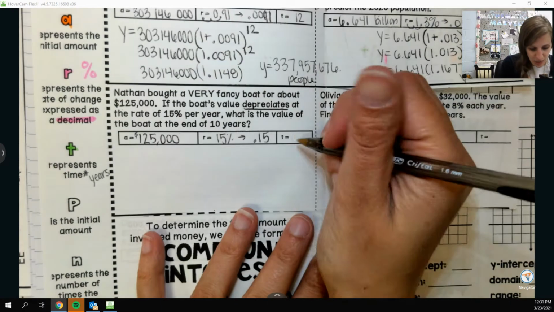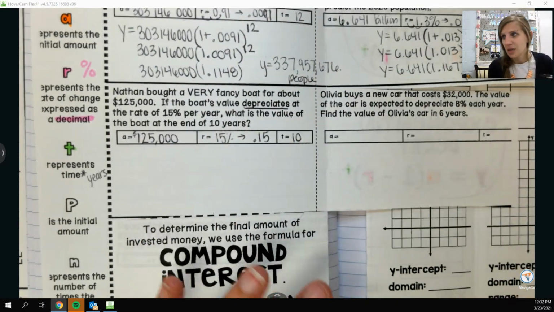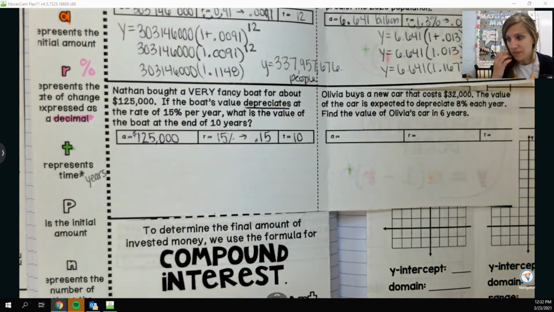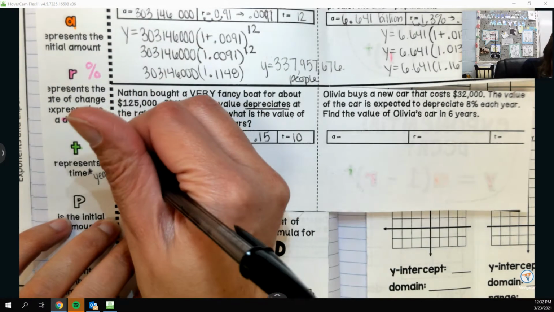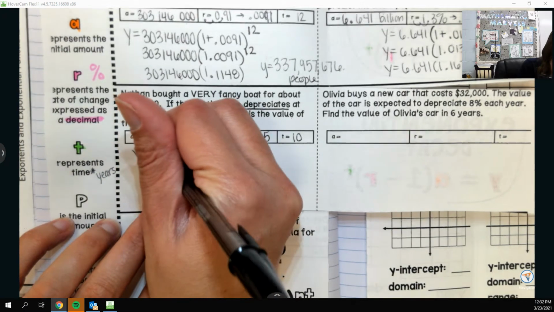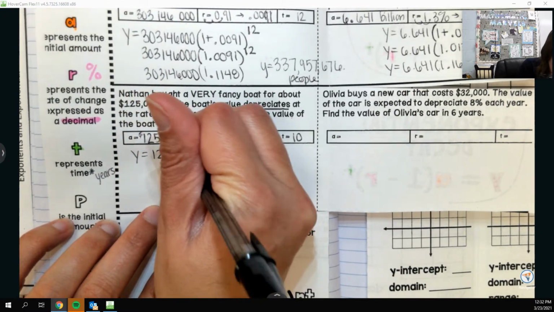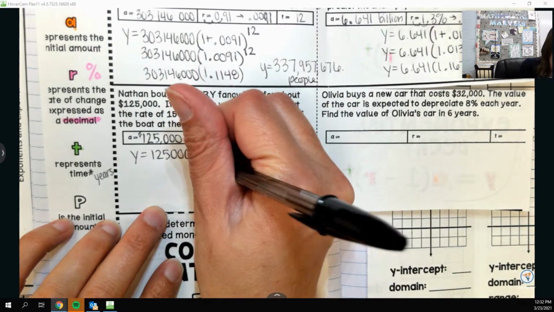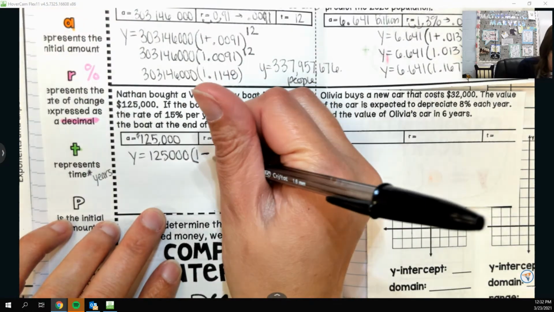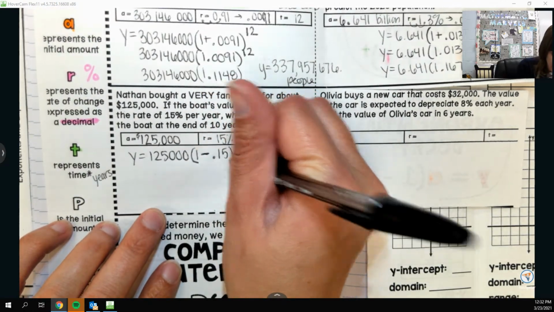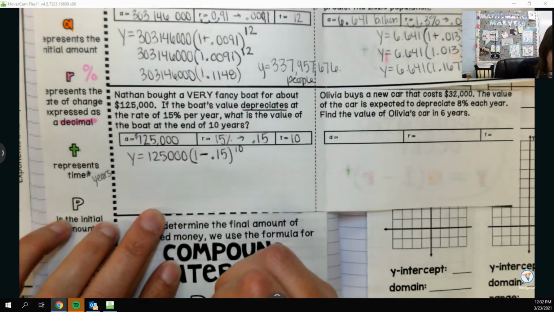You don't have to figure it out. So when we plug this all in, we have y equals 125,000, parenthesis 1 minus, because we're depreciating, 0.15 to the 10th power.